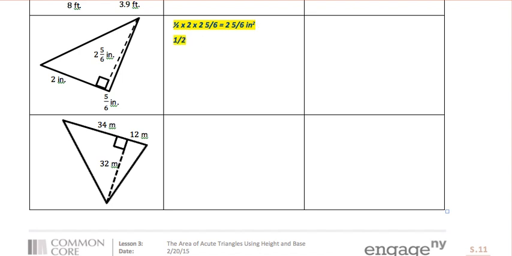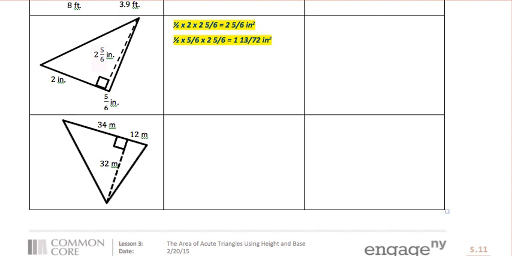So our smaller triangle, 1/2 times 5/6 inch times 2 and 5/6. And that, when we simplify, is 1 and 13/72 square inches.